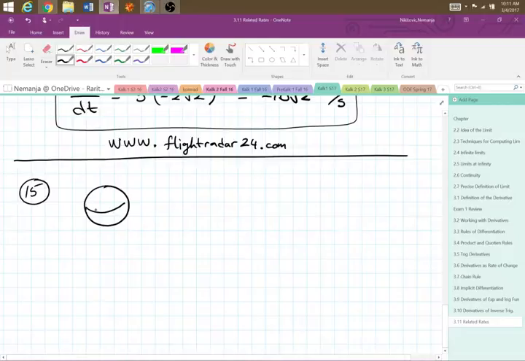Melting snowball. A snowball, depending on how OCD you are, should be a perfect sphere. It says a spherical snowball melts at a rate proportional to its surface area.